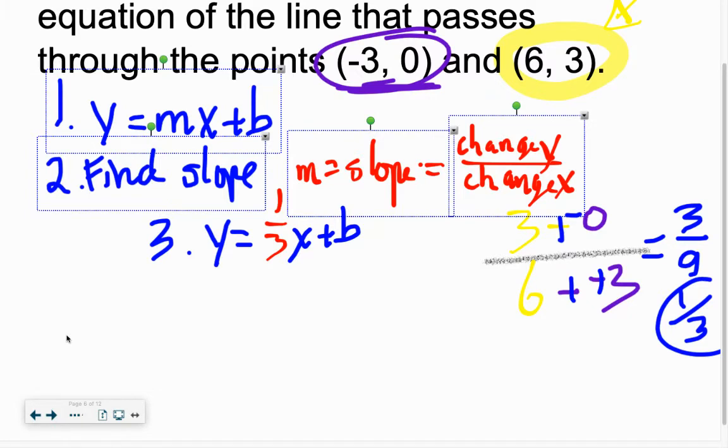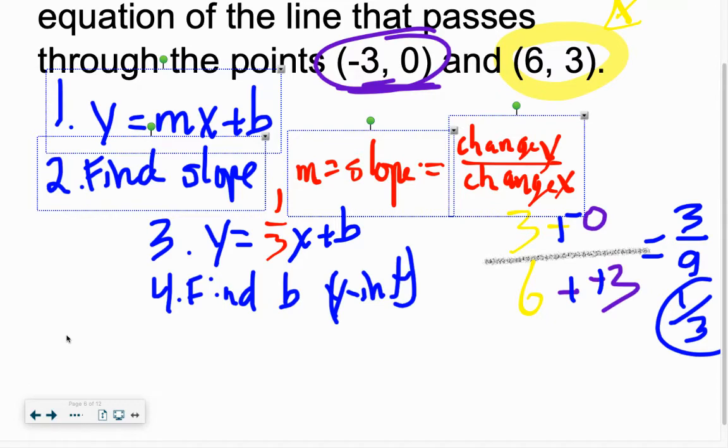So when we said find b, we could just see it to find b, or our y-intercept. Option 2 was where we were given a point that was 0 something, and they gave us our y-intercept. But today, they don't do that.